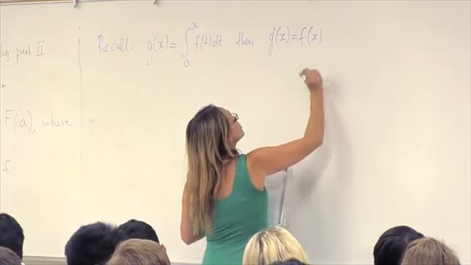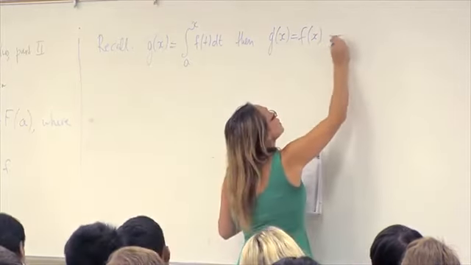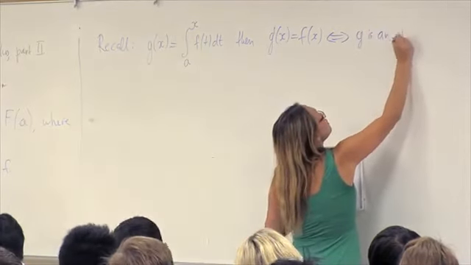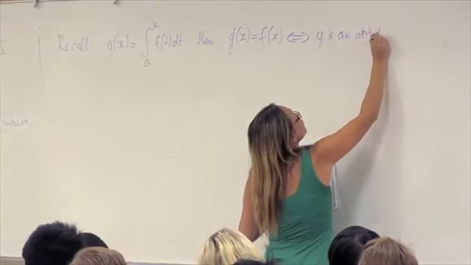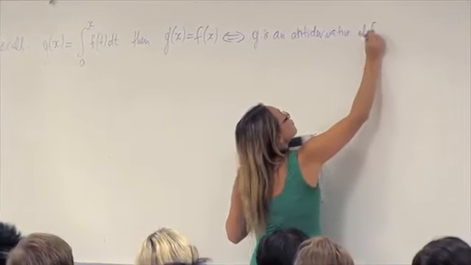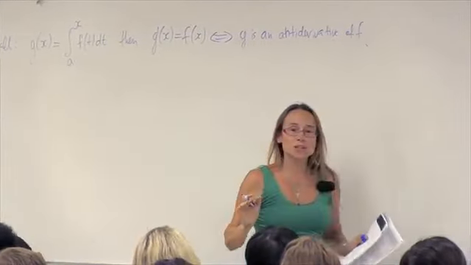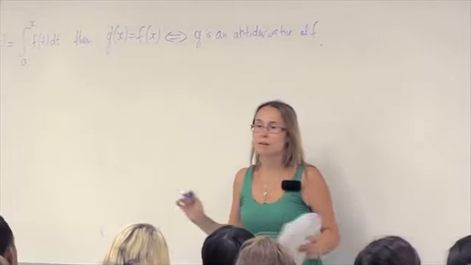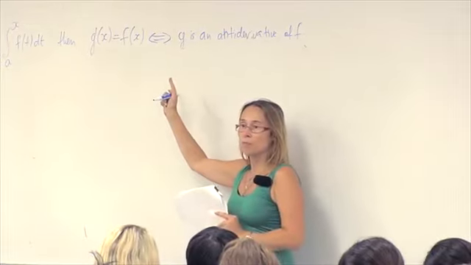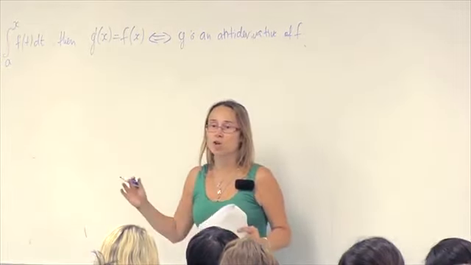We said it a few times, but what it means is that g is an antiderivative of f. But you know how it is with antiderivatives. There's infinitely many of them. But if you know one, you know them all, because they only differ by a constant.